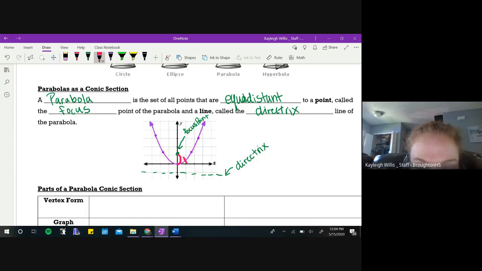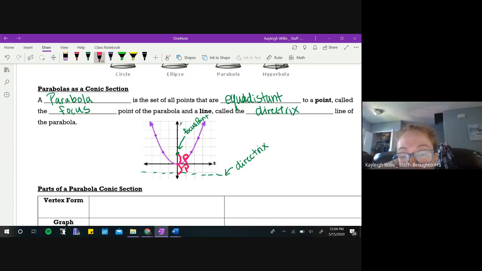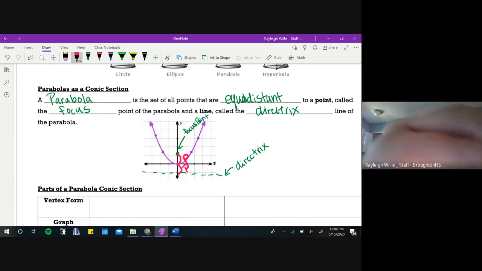Now, there is some math here. This right here is always p away. And then this right here is also always p away. That's the distance it is from the vertex, this value p. It's going to make more sense once I fill out this table. Where do you even get p? It's really easy. And then there's some other things about this.